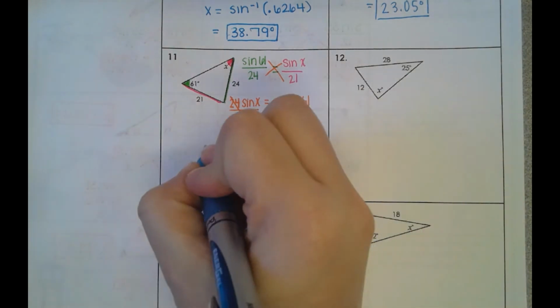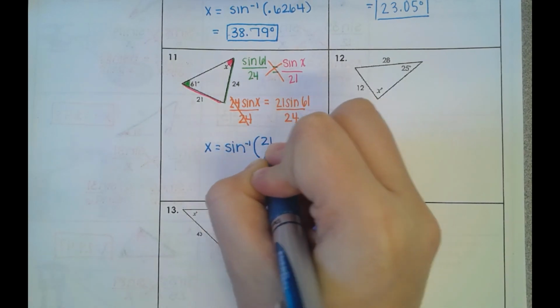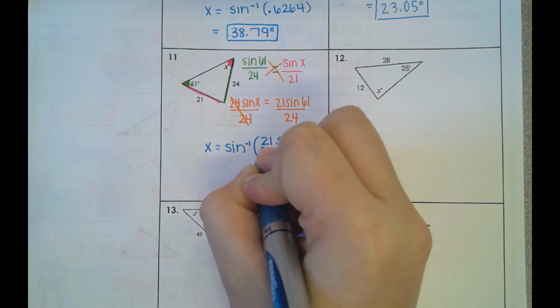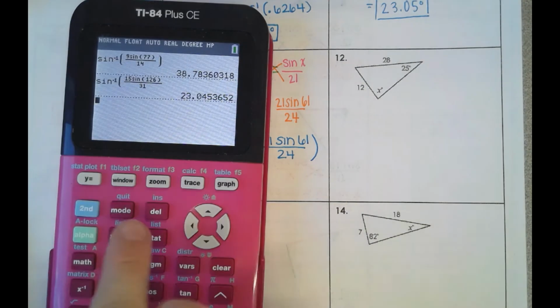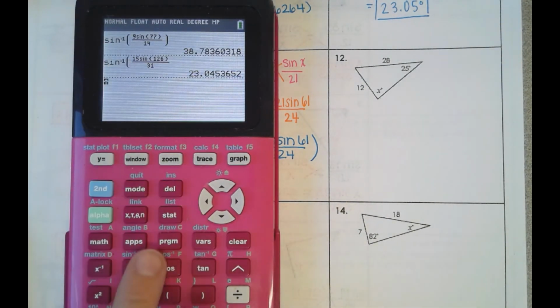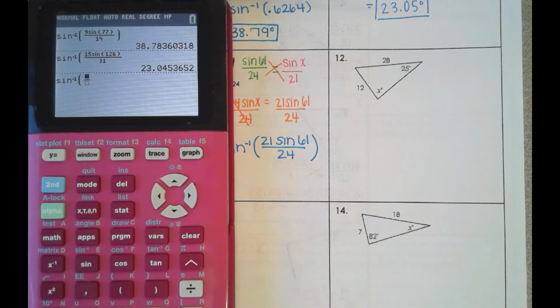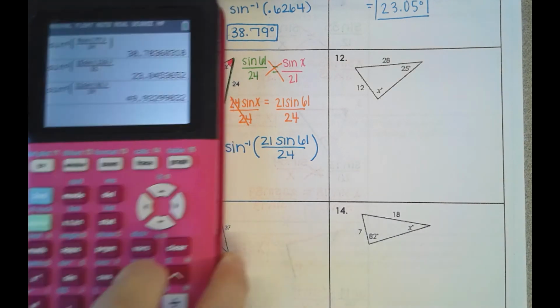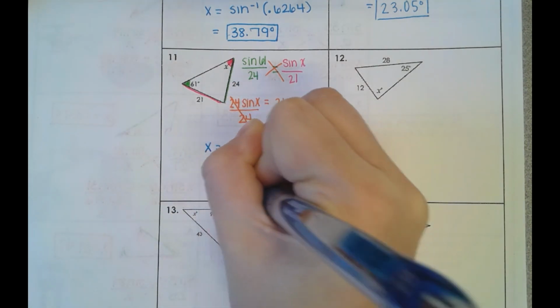And then to break x away from sine, we got to do sine inverse of that fraction, or you could have already typed it in and got it as a decimal. So second sine 21 times 61 over 24. And we get 49.93.